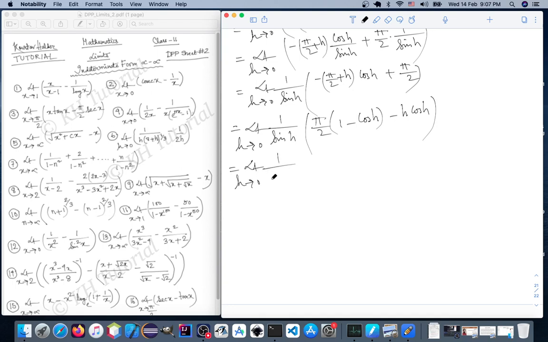Now we use the formula 1 minus cos 2a equals twice sine square a. So we get here 2 sine square h by 2 minus h cos h.